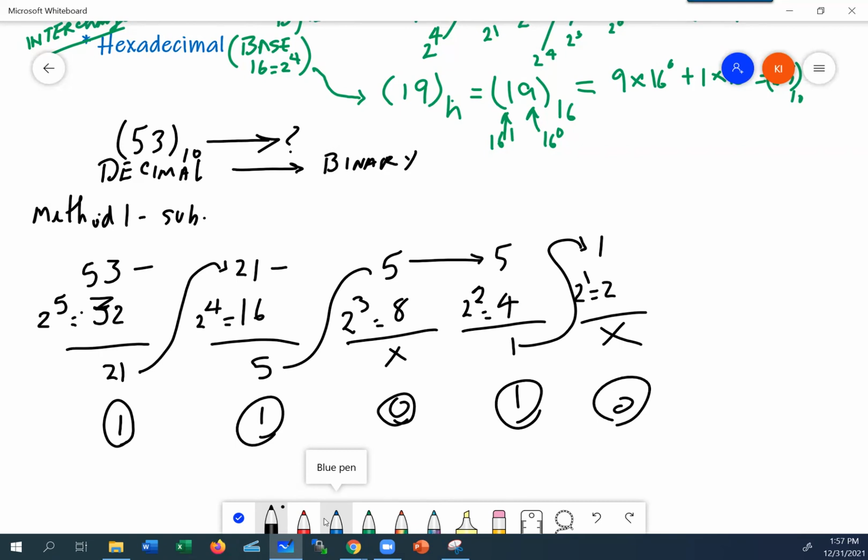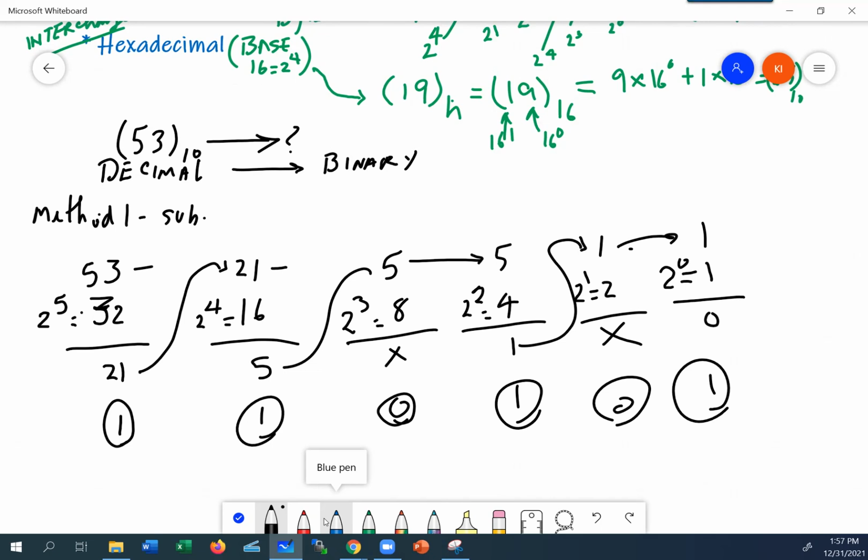And then what is next? The 1 moves over here and I say, can I subtract it from 2 to the power of 0? Yes, you can. Remainder is 0. Since you could subtract, it's 1.